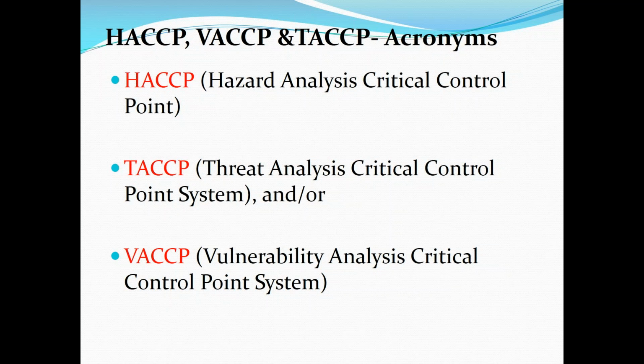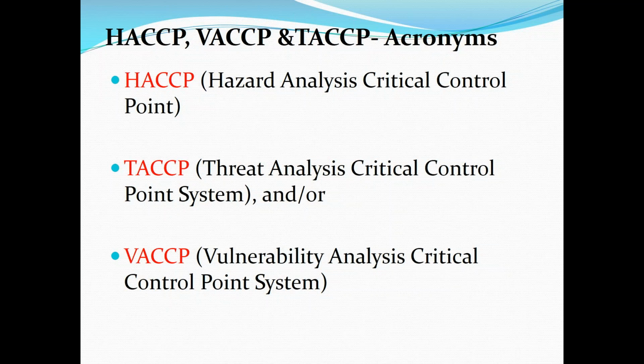Now, the second one is Threat Analysis Critical Control Point, that has the acronym TACCP. It is again based on risk management principles, and it is an emerging methodology based on HACCP. This is an emerging methodology to detect and mitigate the risks associated with deliberate or malicious contamination.